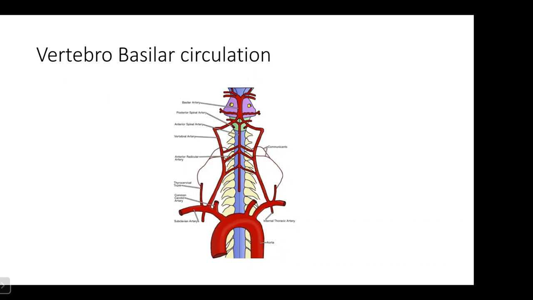These two vertebral arteries converge to form the basilar artery, and several branches from the basilar artery go to supply the cerebellum and the pons. The basilar artery terminates by bifurcating into the posterior cerebral arteries, and these structures are responsible for consciousness, coordination, and vision.